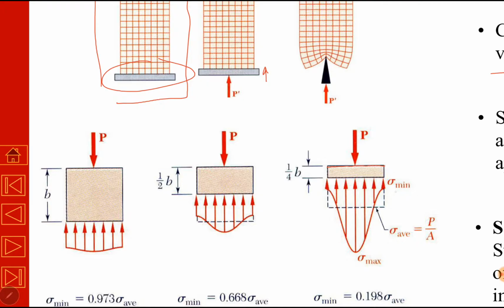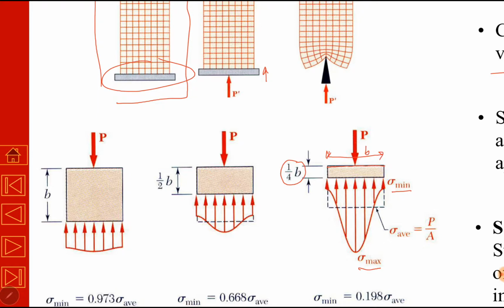There is a minimum value of stress and a maximum value of stress, and there is a huge variation between the minimum and maximum values of stress. If we go further, this length was 1/4 times the width. This is width b.